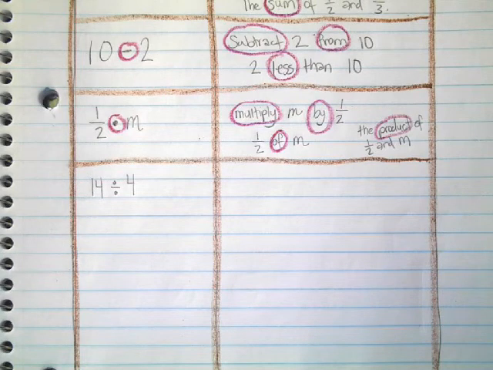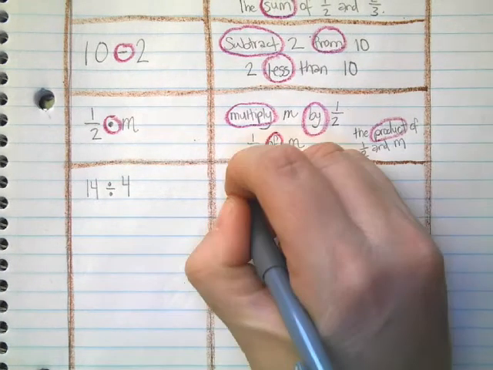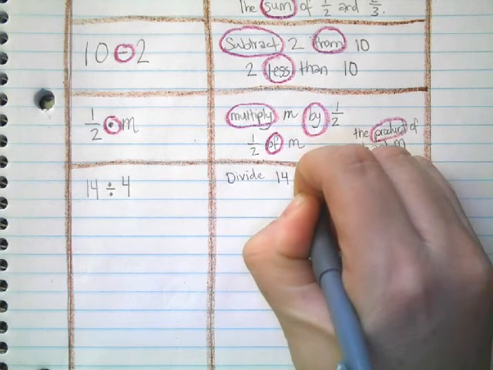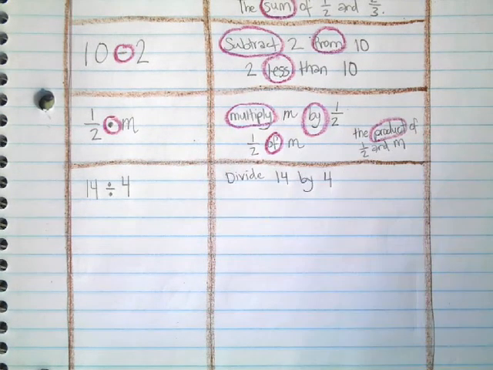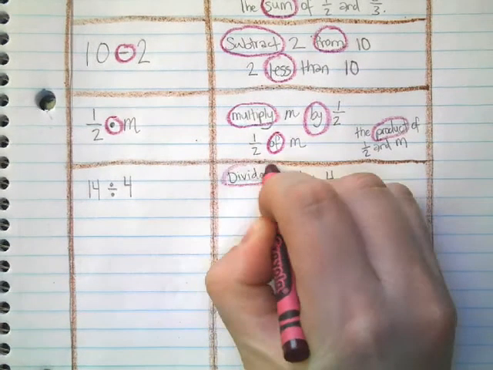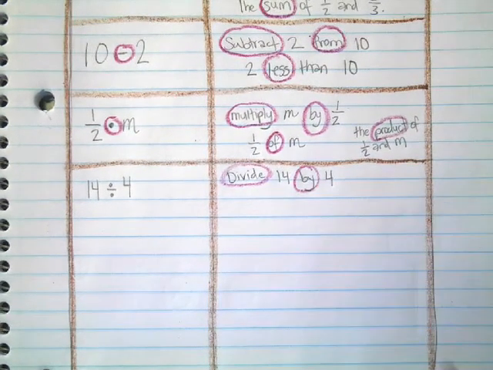Let's go ahead and say divide 14 by 4. The word divide shows I know it's division, and I'm dividing by something or groups of something.